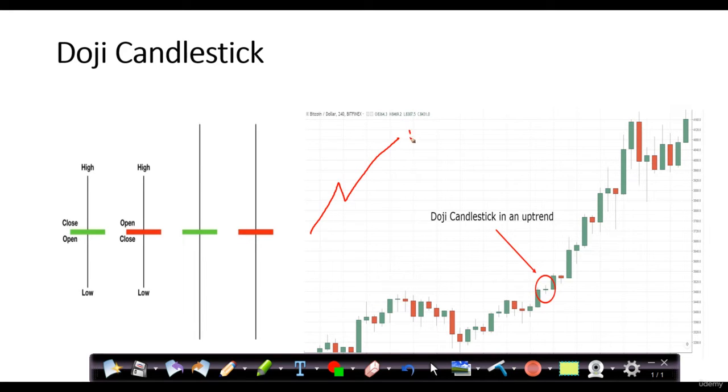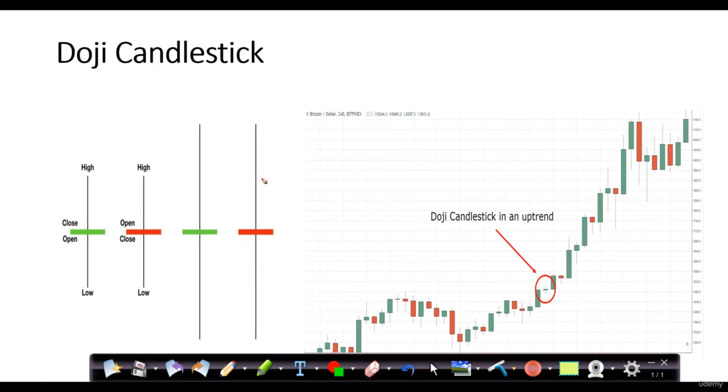If you see the Doji candle here, then there is a high chance that the market will again continue its uptrend. It will not drop unless it creates another pattern called a morning star or evening star. We can cover that in some other video, but just bear with me. It all depends on the next candle.